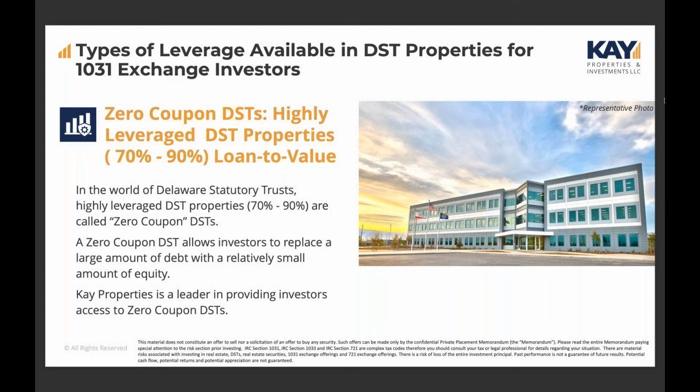Usually these zero coupon deals are high quality assets like big brand new Amazon distribution centers, big government buildings, big hospitals. But you can see here, if you put $150,000 of equity into an 85% loan to value deal, you're absorbing $850,000 of debt.